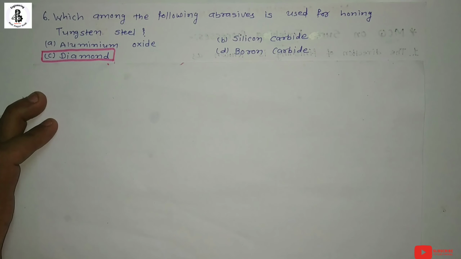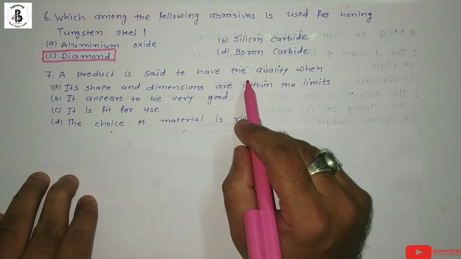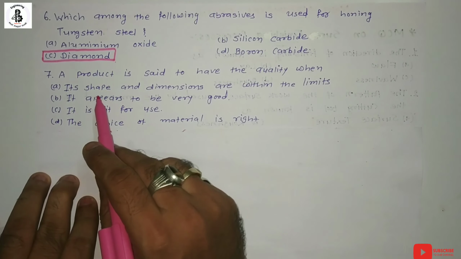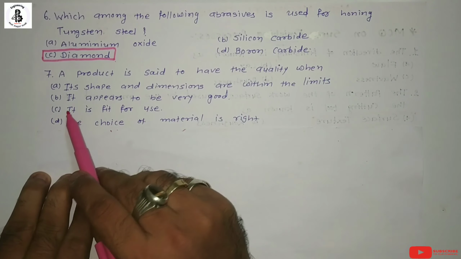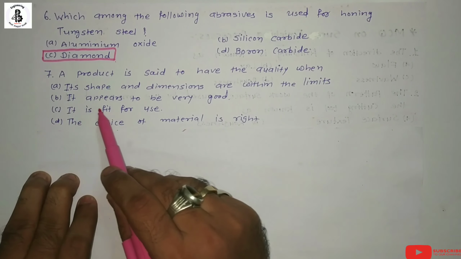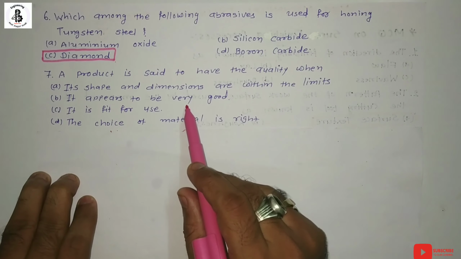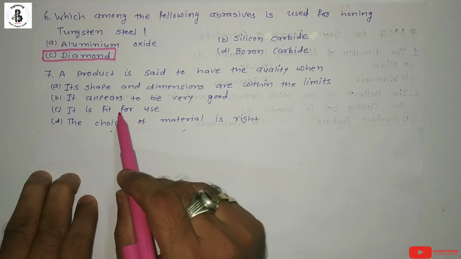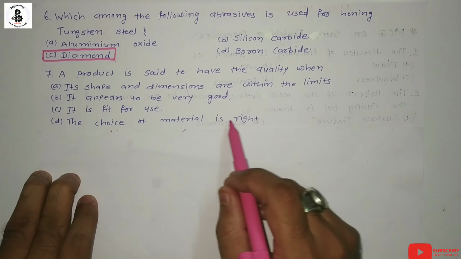Then next question. The product is said to have quality when option A, its shape and dimensions are within the limits, option B, it appears to be very good, that is not a necessary condition, option C, it is fit for use, and option D, the choice of the materials is right.